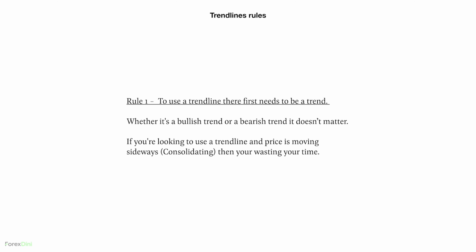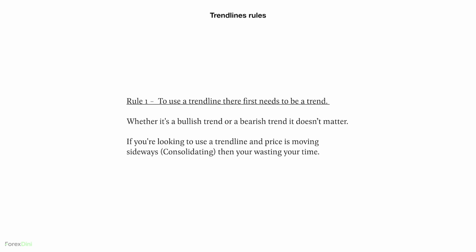Now, trendline rules. Rule number 1, to use a trendline, there first needs to be a trend. Whether it's a bullish trend or a bearish trend, it doesn't matter. If you're looking to use a trend line and price is moving sideways or consolidating, then you're wasting your time.